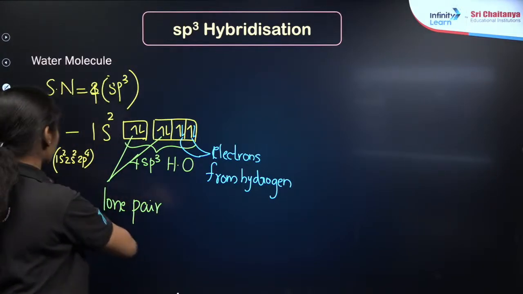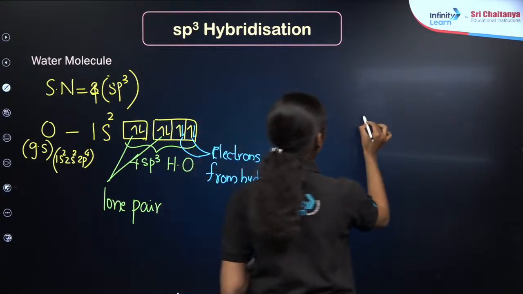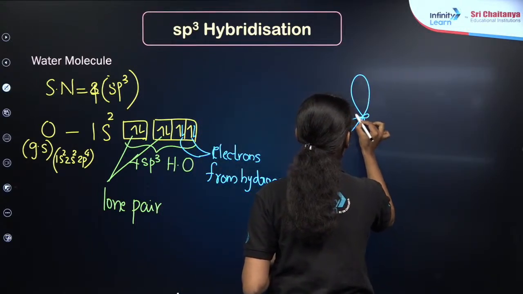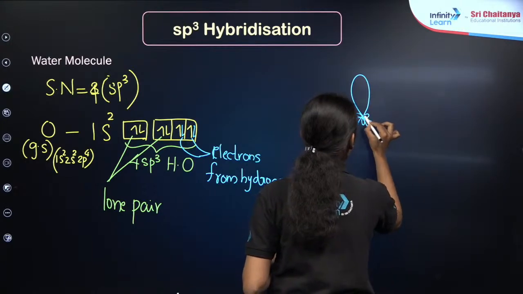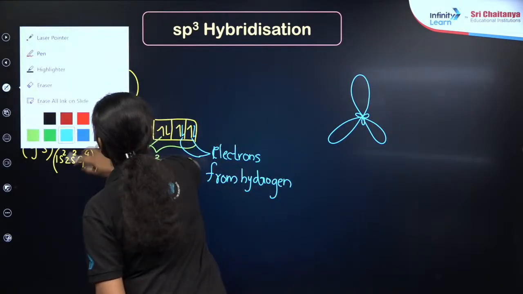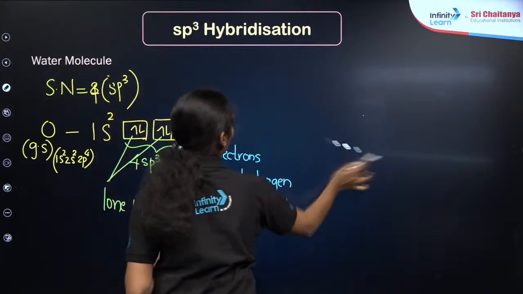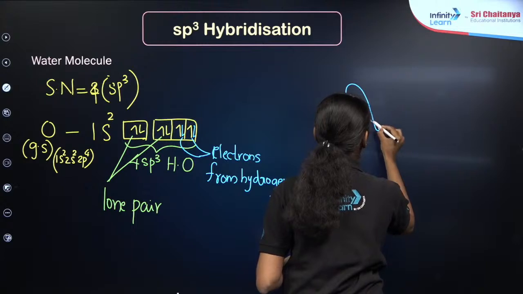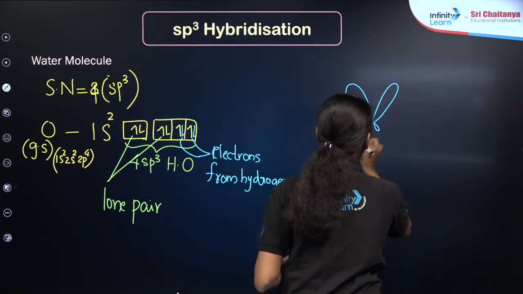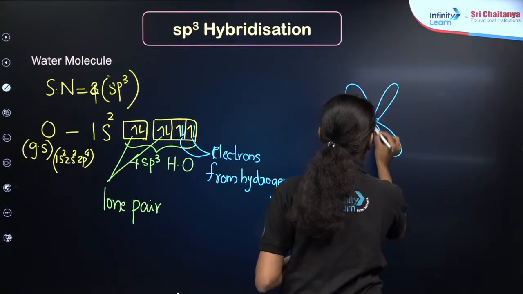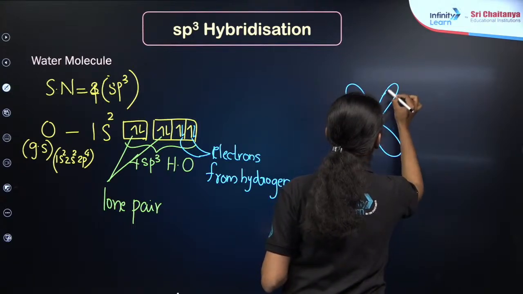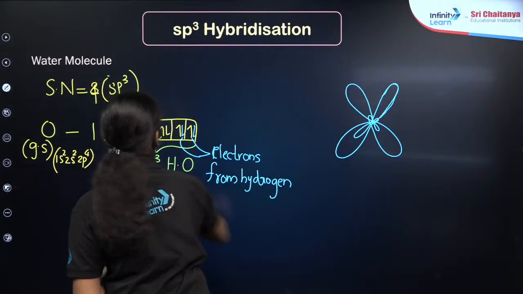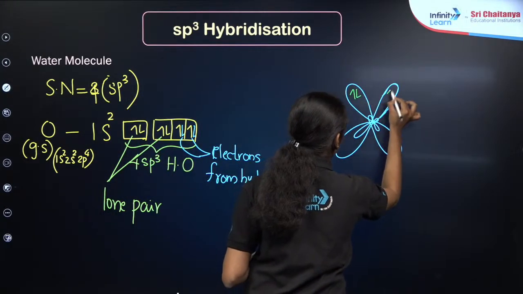Okay, now we can draw the structure here on the hybridization. These are the 2 lone pairs.